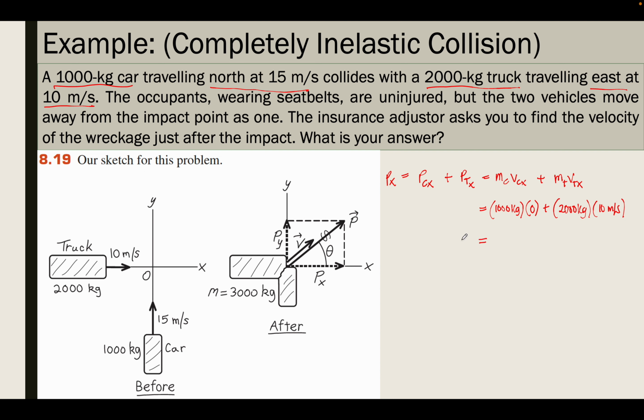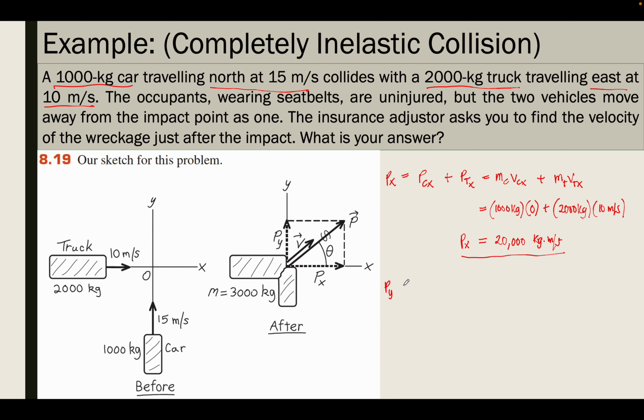So the total momentum of these two, the car and the truck, is equal to, we only have 2,000 times 10 meters per second, which is equal to 20,000 kilogram times meter per second. So this is our momentum of the system along the x-axis.